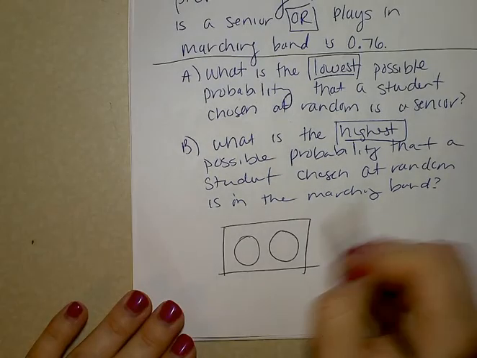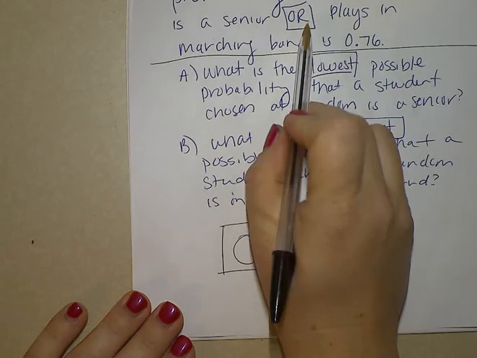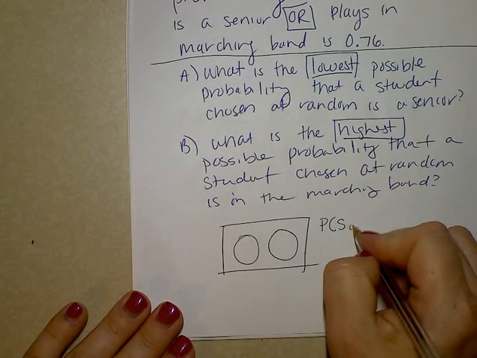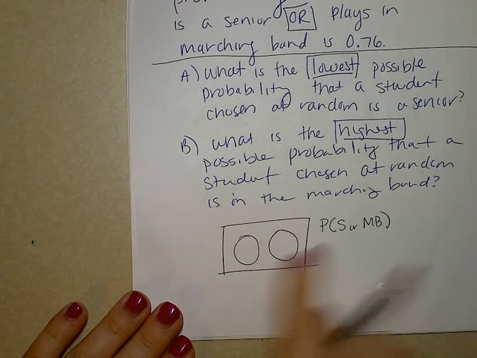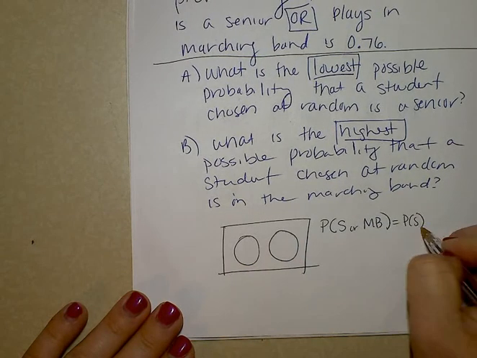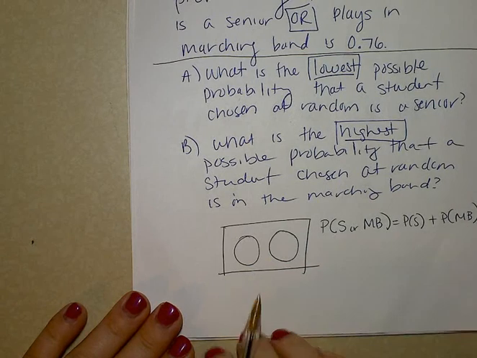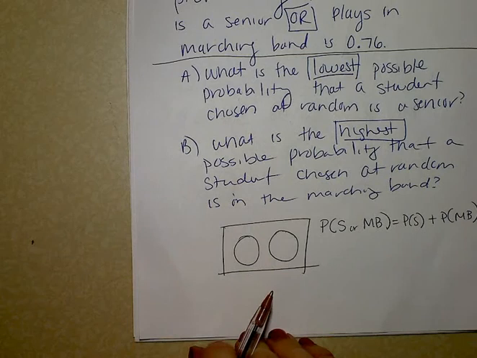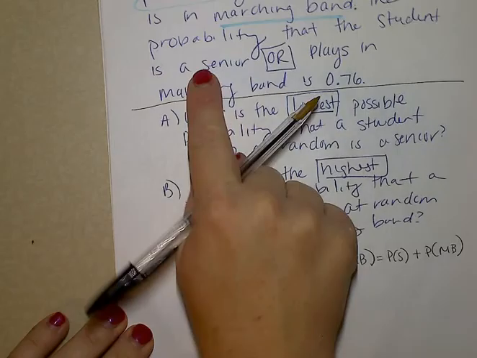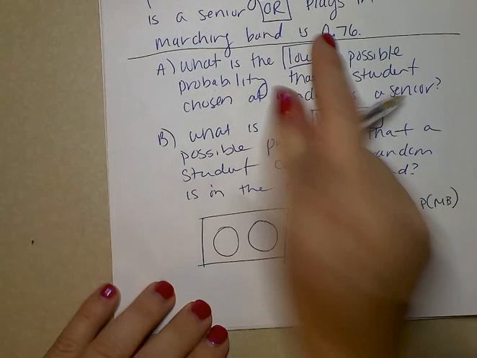This would be the probability of being a senior or being in marching band. Since they're disjoint, remember we have to memorize it, it's P of S plus P of MB. We know the answer because it says the answer using the OR statement is 0.76.